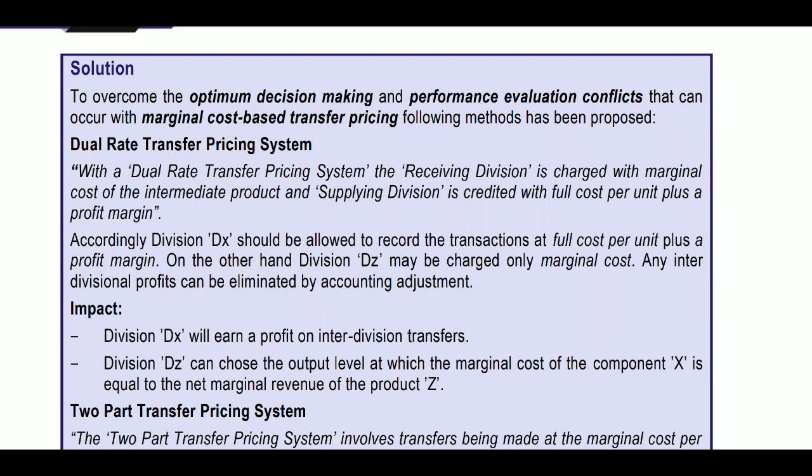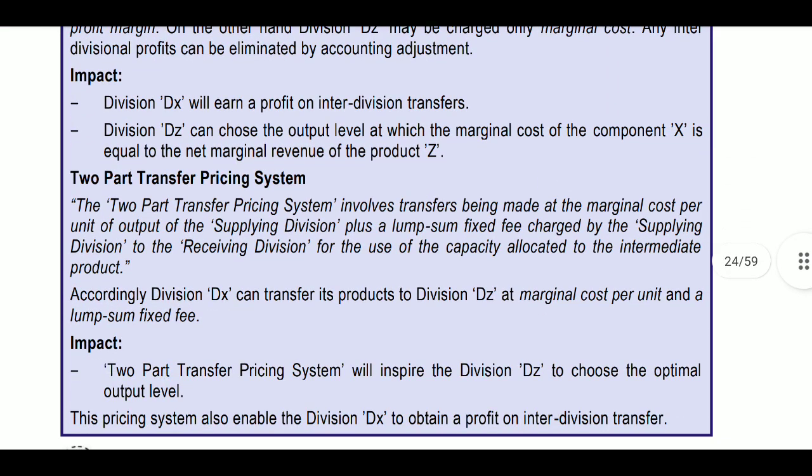Next, the two parts transfer pricing system. The two parts transfer pricing system involves transfer being made at marginal cost per unit of output of the supplying division plus a lump sum fixed fee charged by the supplying division to the receiving division. Because of transferring at this lower cost, we are losing some amount, so you give me some lump sum amount, and that lump sum amount will be added.